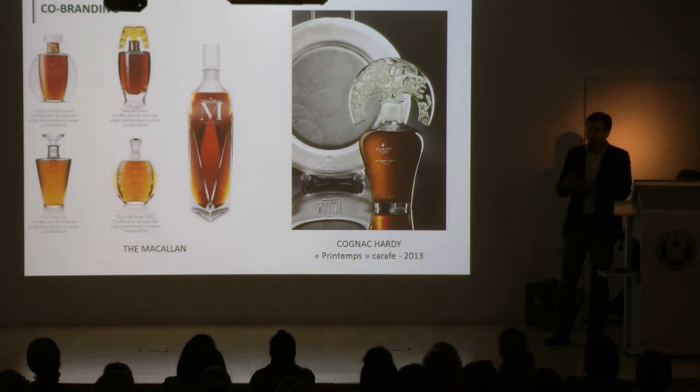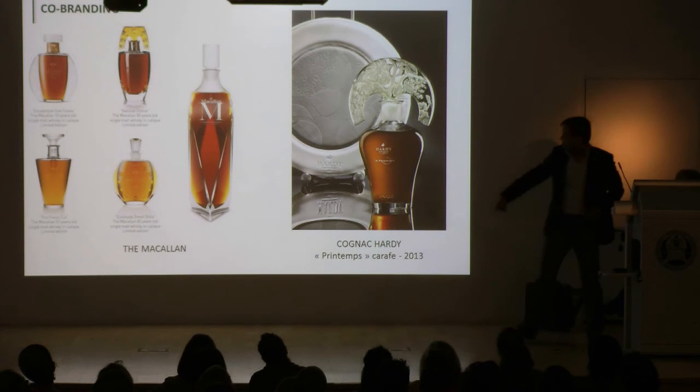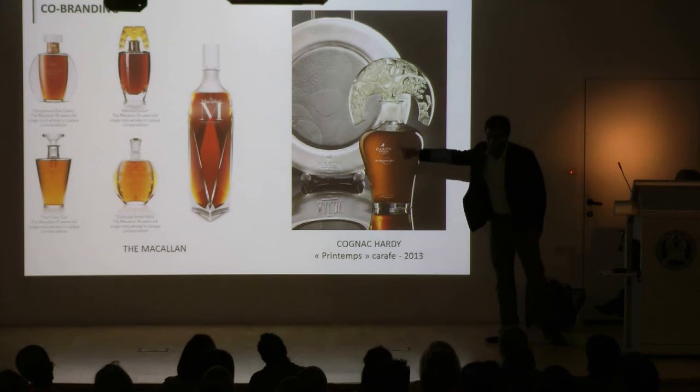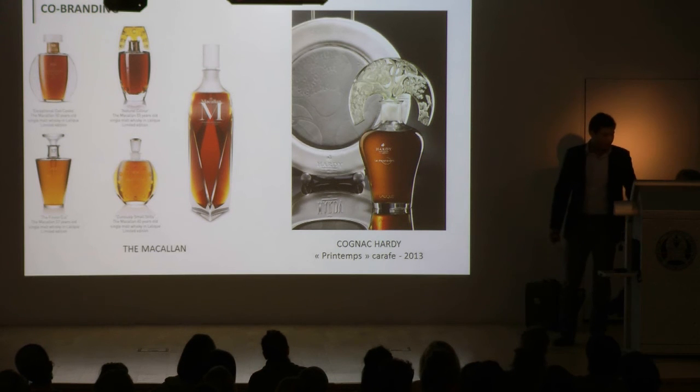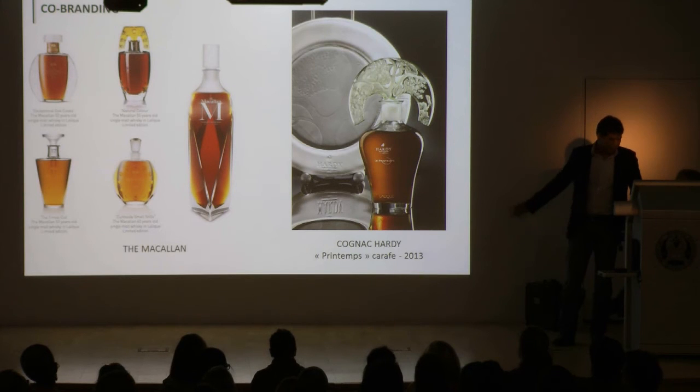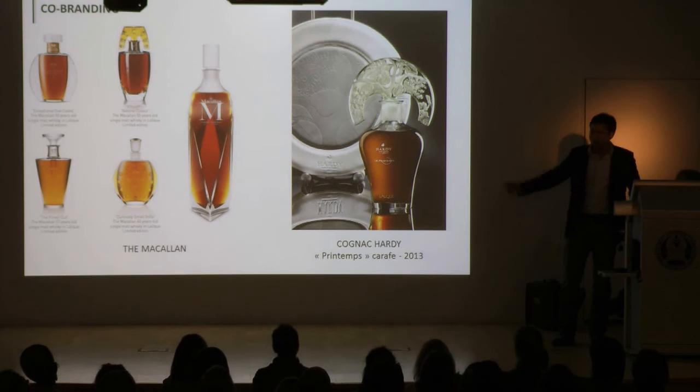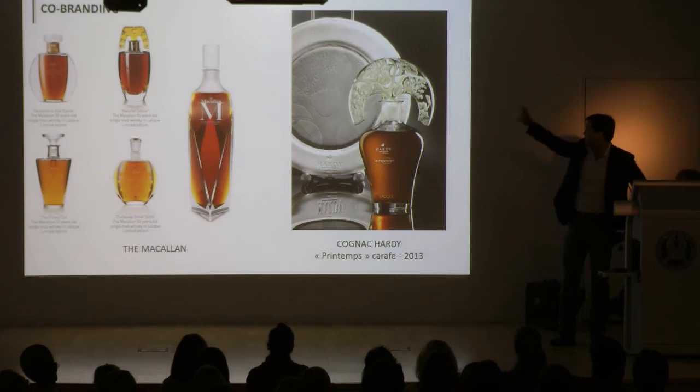So we are doing special and unique pieces for special and unique brands, putting our names together. That was the decanter with the oldest Macallan whiskey. We also work with Hardy, the cognac, making a carafe with a very recognizable Lalique inspiration.